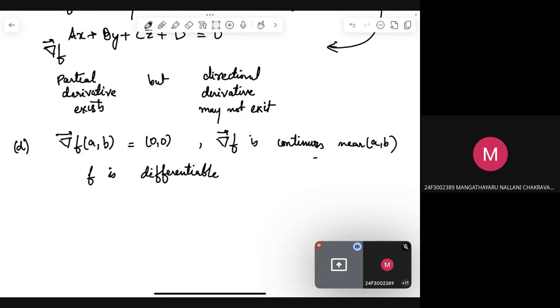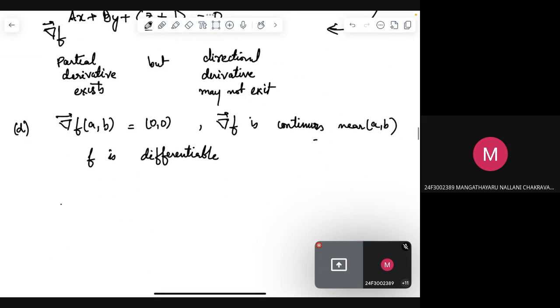So if f is differentiable there, then the directional derivative will exist. So fu at AB can be written using the gradient formula here, the dot product of the gradient with the unit vector.